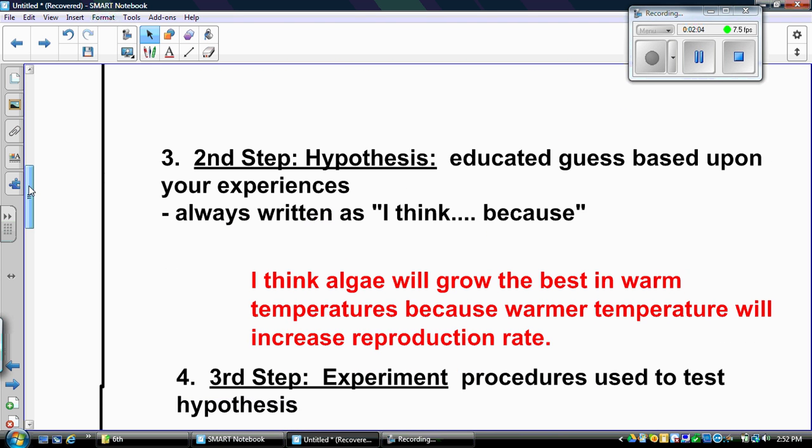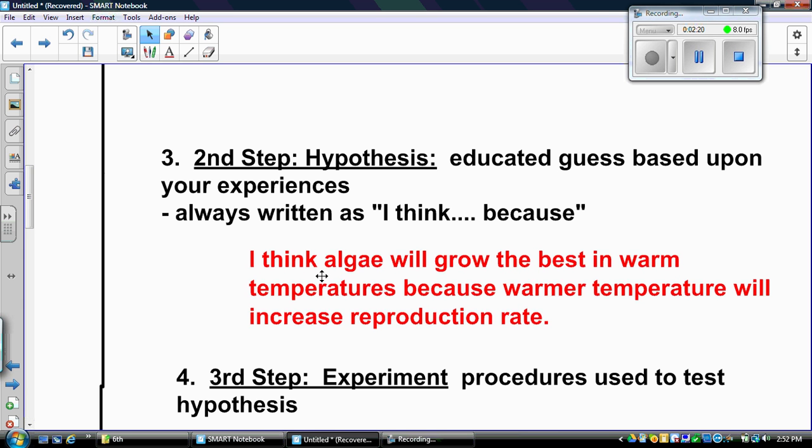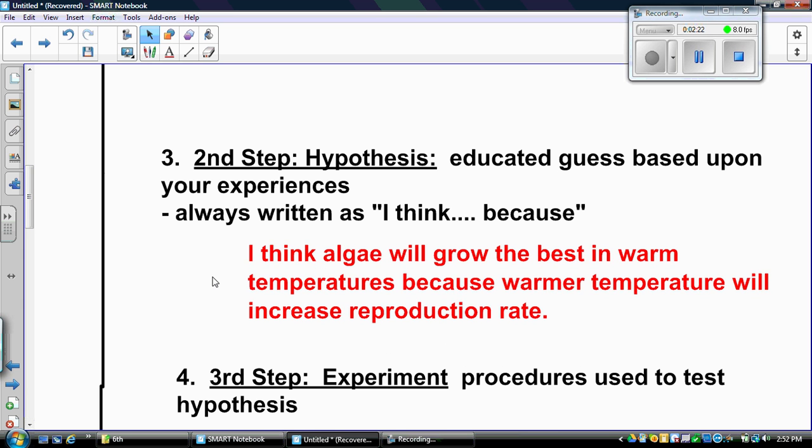The second step is your hypothesis. So this is an educated guess that answers your question, and it's based on your experiences, your observations. It's always written as a I think because. So for example, I think algae will grow the best in warm temperatures because warmer temperature will increase reproduction rate.